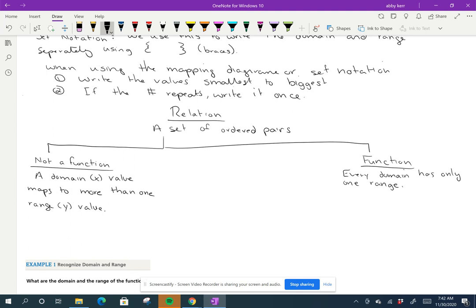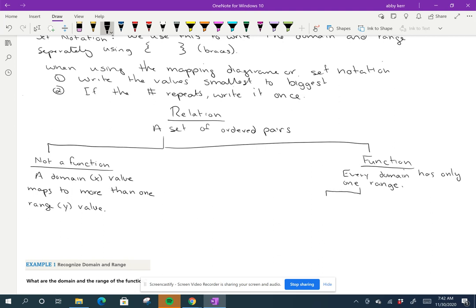So that means if I input 5, then no matter what, I'm going to output 7. Or if I input 5, no matter what, I'm going to output -8. It's unique. I guess I should say if x was -5, then it only goes to, let's say, 10. The x has one range, which we'll go into in a little bit.